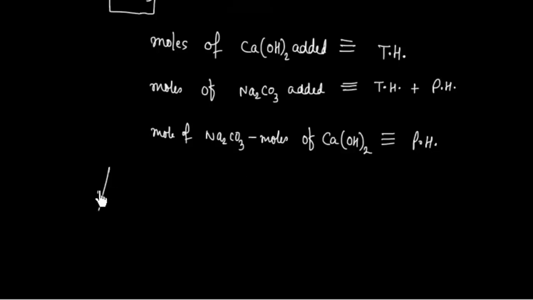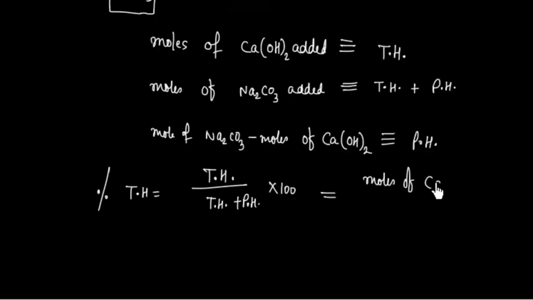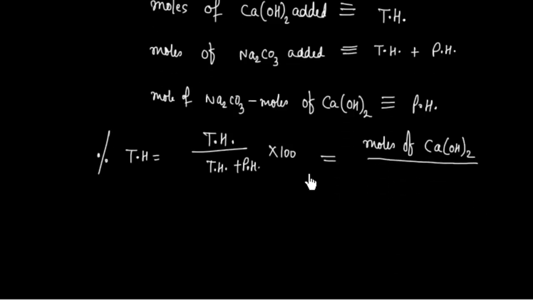So we can calculate percentage temporary hardness, that is temporary hardness divided by temporary hardness plus permanent hardness multiplied by 100, and this equals moles of calcium hydroxide divided by moles of Na2CO3, moles of baking soda, multiplied by 100.